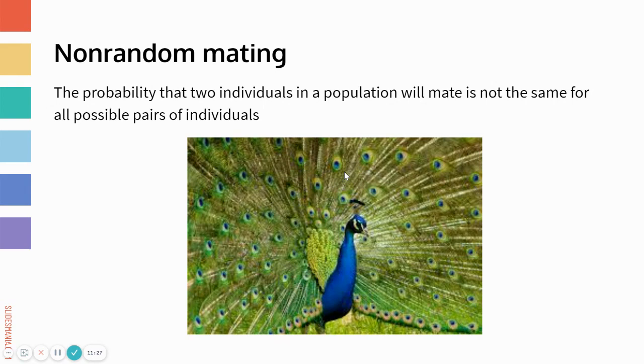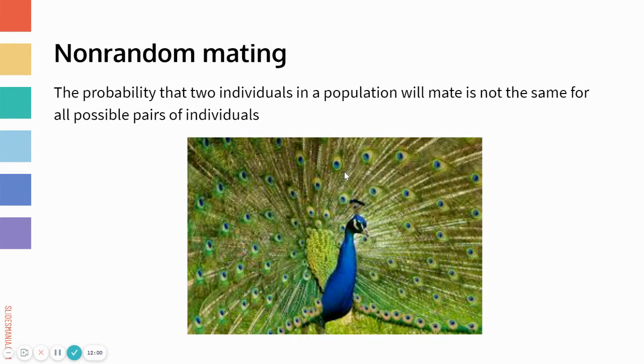You could think of a peacock's tail. Male peacocks that have really beautiful tails will be able to attract a mate and therefore pass those genes on to their offspring. But it might not help them evade a predator. I don't actually know if peacocks have predators, but you could imagine this, like a lot of brightly colored organisms. It might help them attract a mate, but also make them more visible to predators.